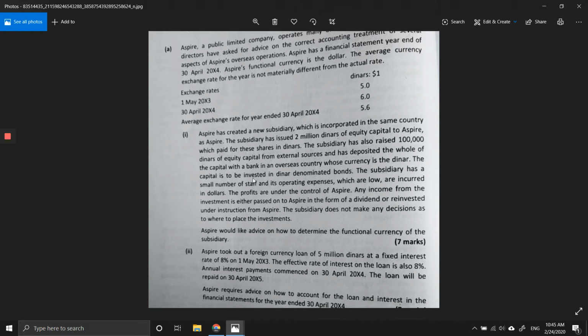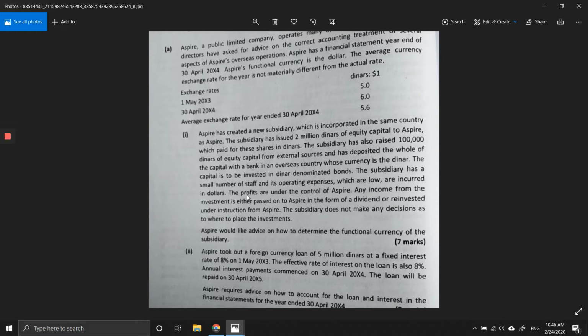The capital is to be invested in dinar denominated bonds. The subsidiary has a small number of staff and its operating expenses, which are low, are incurred in dollars. So that is inconclusive.